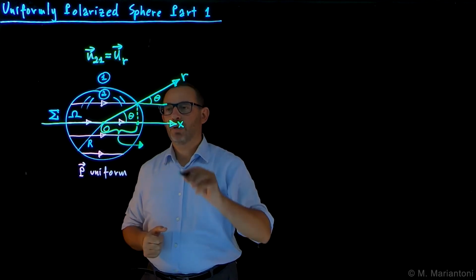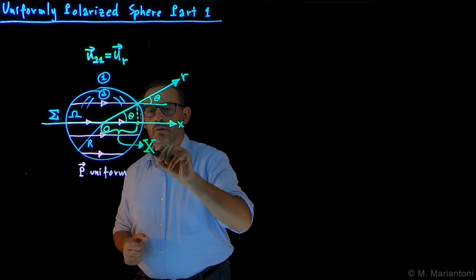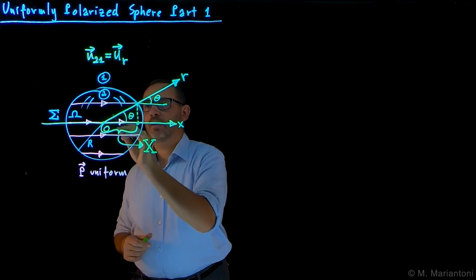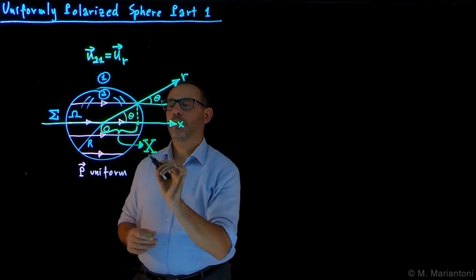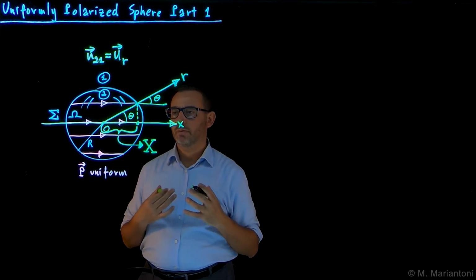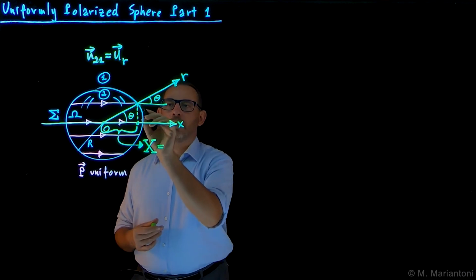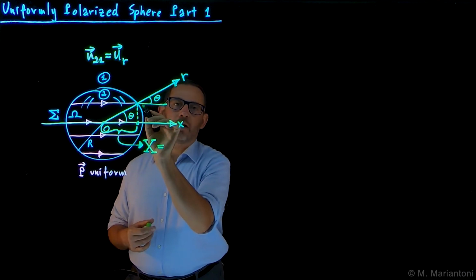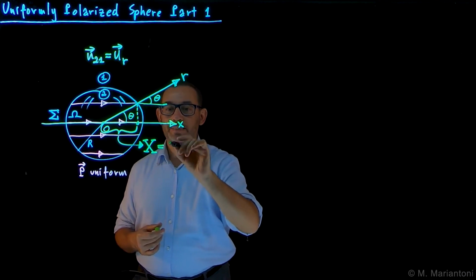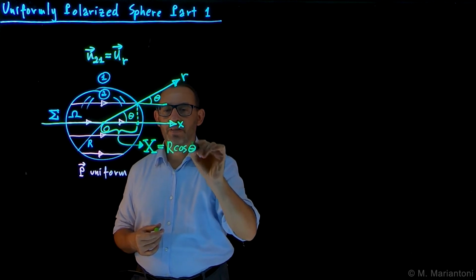Well, this quantity, we will call it capital X. So small x is as simple as this. There are not these serifs here. And capital X, I put these little serifs so that we can clearly distinguish it. Okay? And this capital X, since it's the x component of a point on the surface capital sigma of the sphere, is clearly given by r cosine of the angle theta.